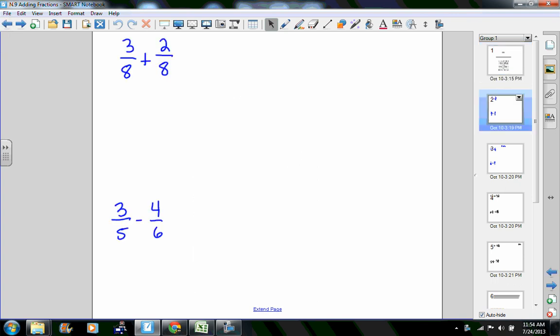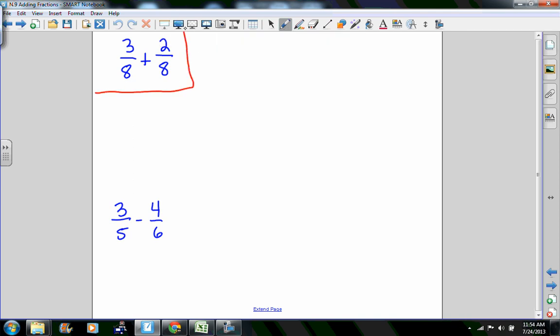Okay? So, the first thing we're going to be looking at is up here on the top. With fractions, we want the denominator, or the bottom, to be the same in both. So in this case, when we have 3/8, which if you think about it is like a pizza that's split up into 8 parts.